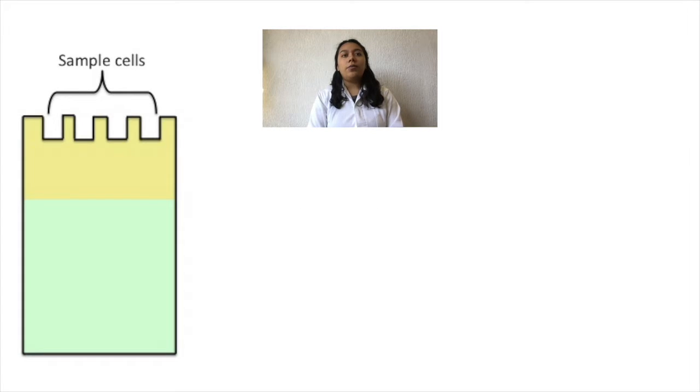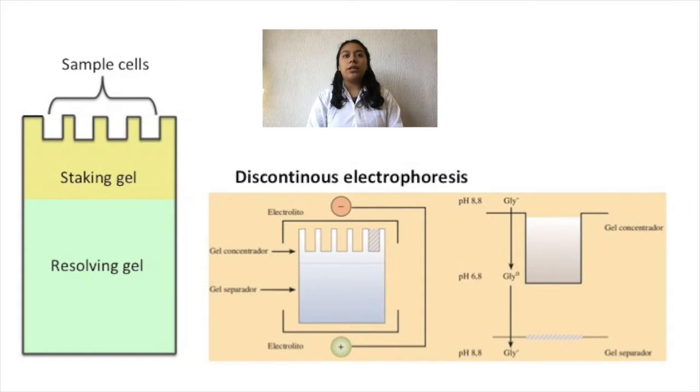At the top, an accumulating gel or concentrator, the stacking gel, which has the effect of concentrating the sample in a narrow band, and occupying most of the plate a separating gel or resolving gel, where the components separate. The concentration effect is due to the higher porosity of the accumulating gel combined with a different composition of the bucket buffers, Tris-glycine and Tris-HCl, and different pH for both gels.